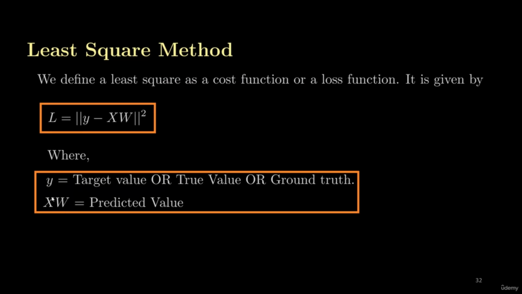If we multiply X by W, we will get the predicted value. So inside this double bracket, which is the second norm of Y minus XW, and we are squaring it, we have the difference between the actual value, which is the target value, and the predicted value. So this is the way of setting up a least square method. This is a difference and we are squaring it.